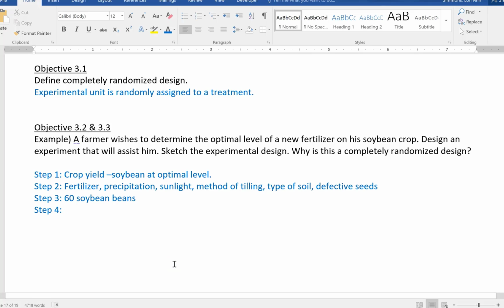So step 4, we're going to have treatment A, 20 soybean plants with no fertilizer.